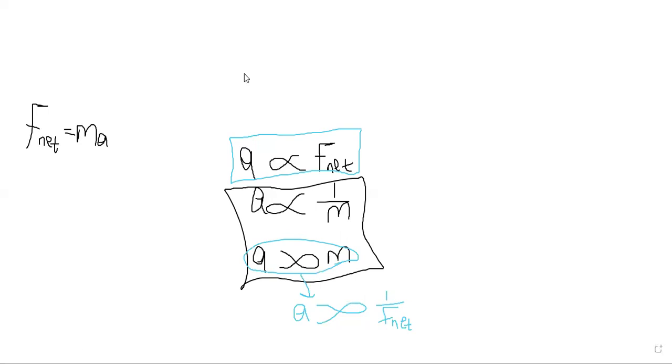So this is basically how Newton's second law came about. If you look at it like this, it means that A is equal to F net multiplied by 1 over m.